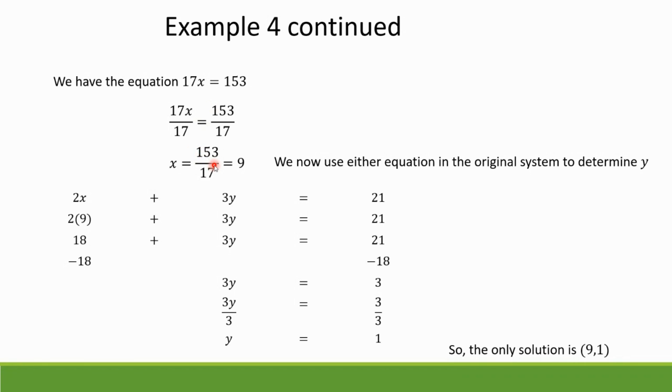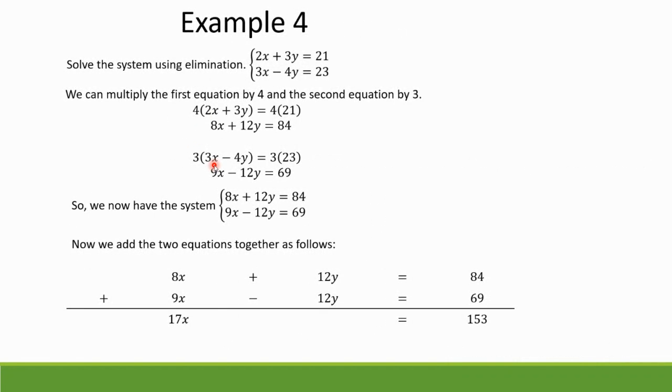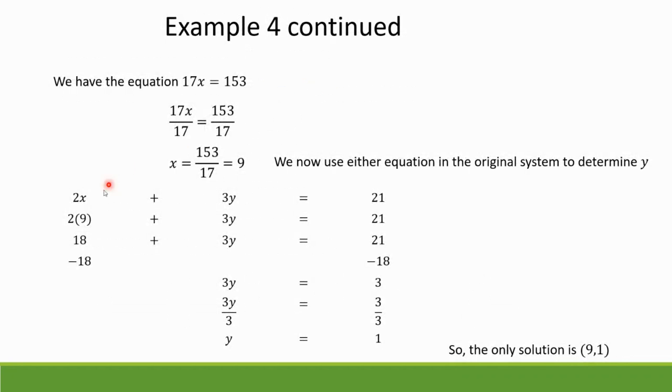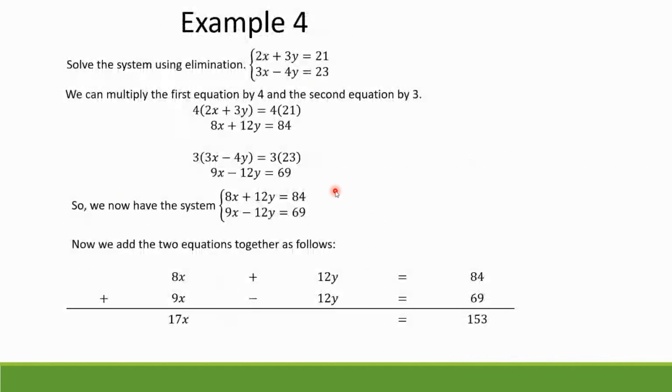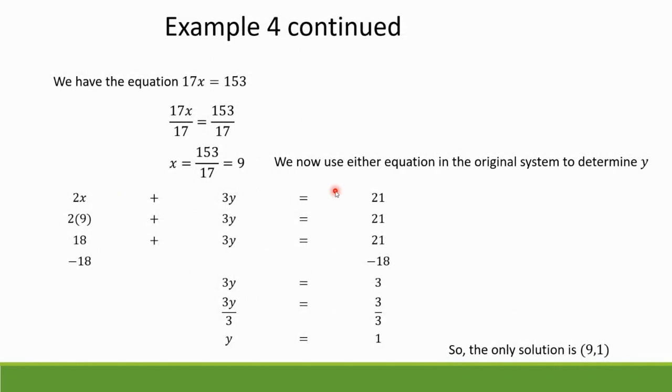Now we know what x is. What do we do? We take that x and put it into one of these two equations, the originals. I chose the first one, but you could have done the second. So we have 2x plus 3y is 21, right? That's the first equation. x is 9, plug it in. 2 times 9 plus 3y is 21, so we have 18 plus 3y is 21.